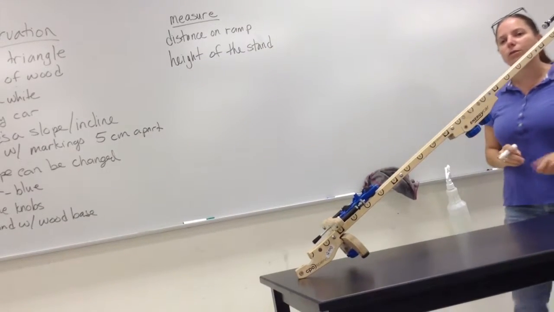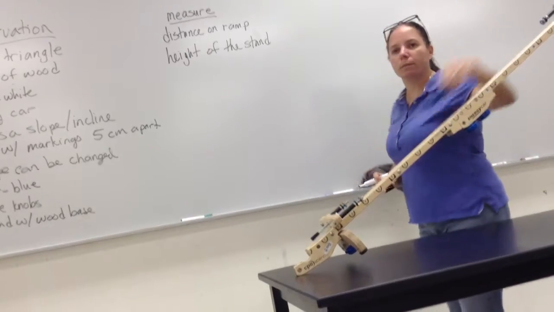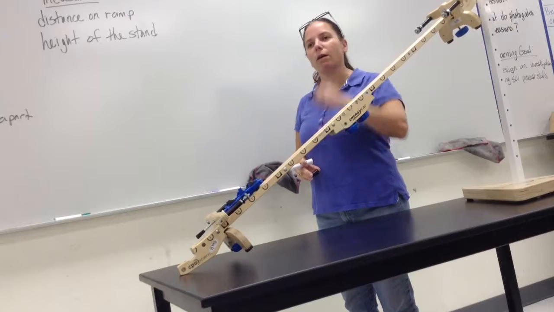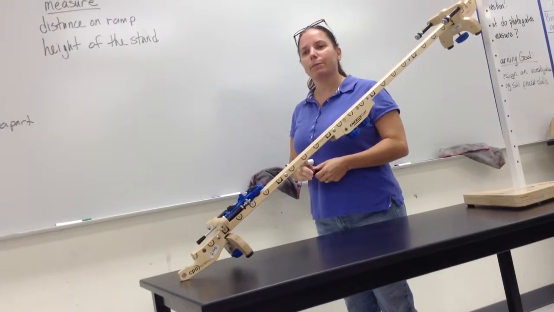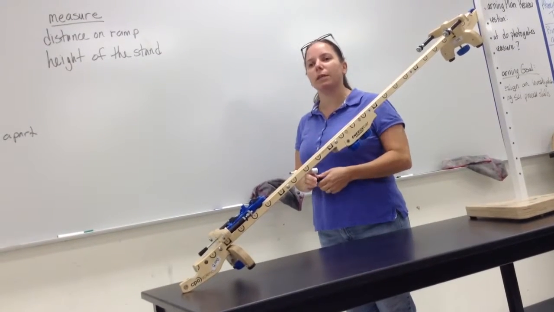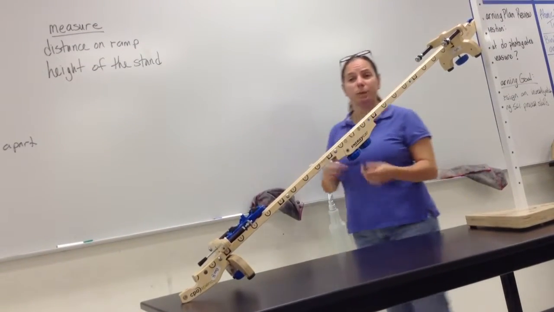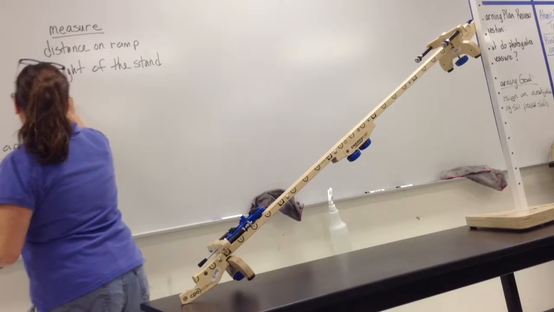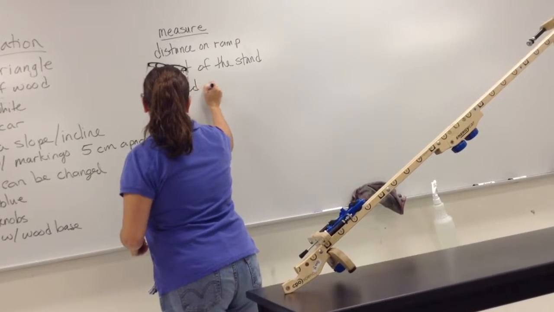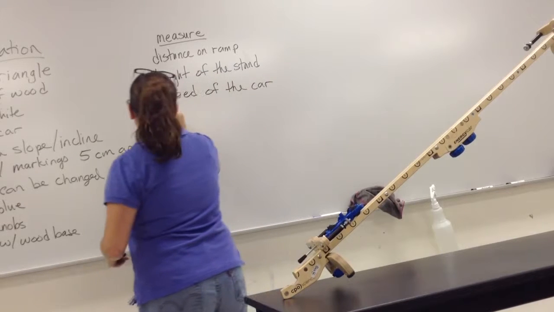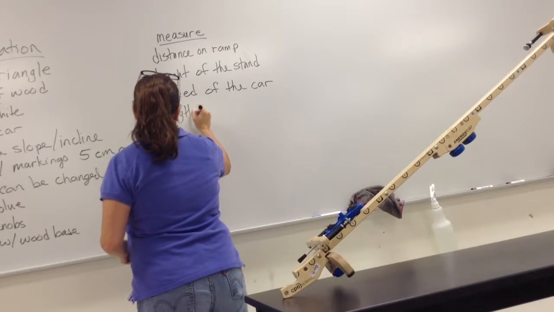Something else we can measure. Can I give you a hint? What about the car? Something we could measure relating to the car? The speed of the car? Okay. Measure the length of the car. Okay, we can measure the length of the car.